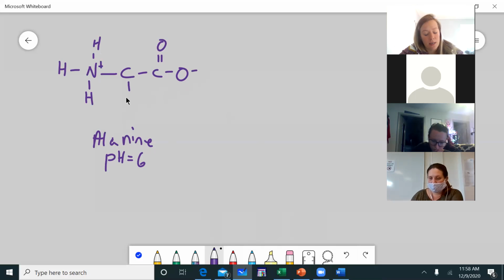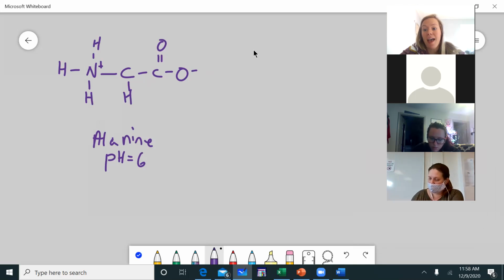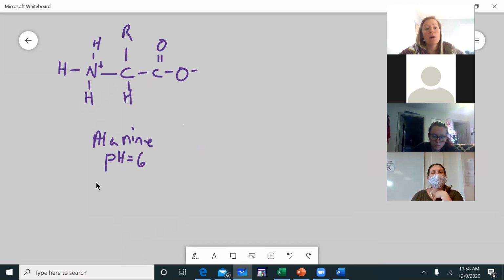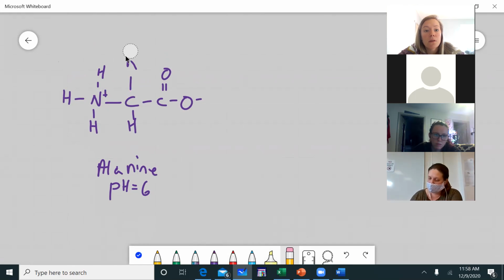And then it also has a hydrogen coming off of here, okay? So this is sort of the base of every amino acid. Then it's got an R group coming off of it. That's what changes. So what is the R group for alanine? It's a methyl group. So I'm going to take that R and replace it with the methyl group, CH3. But nothing's really going to change to this when we change pH.